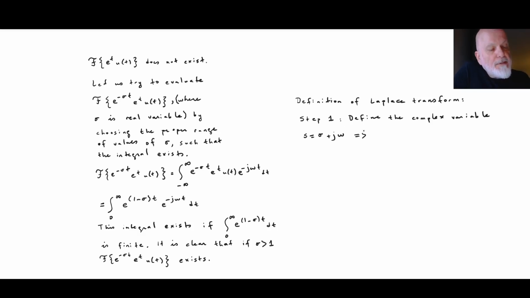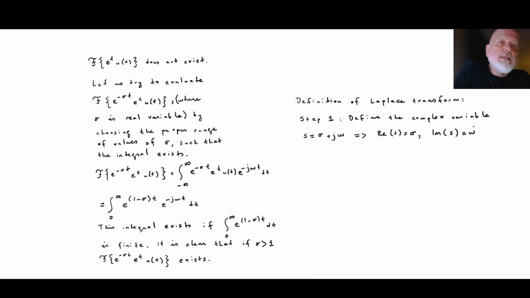So from here it's clear that the real part of s is sigma and the imaginary part of s is omega. We already know the meaning of omega. Omega is the angular frequency. And sigma is now the new variable added to our definition.